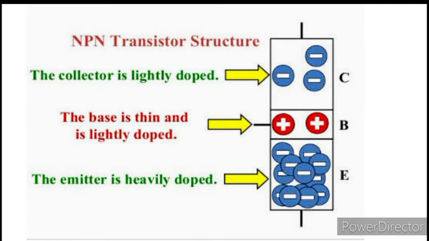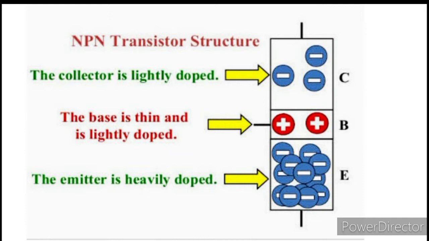The emitter has a large physical size, but it is heavily doped compared to the collector and base. The collector has moderate doping compared to the base and emitter. That is the structure of the NPN and PNP transistors.